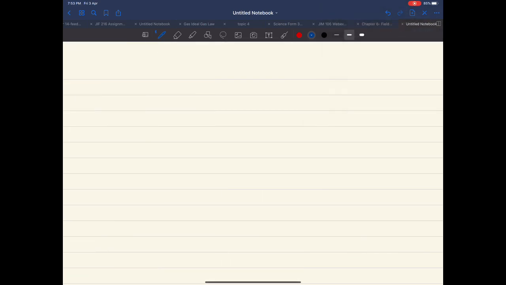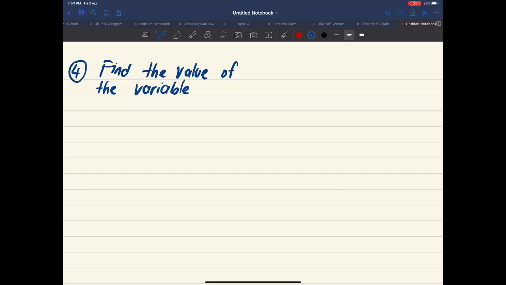So then the last step would be find the value of the variable. So like just now, 3x minus 5x equals to 6 plus 10.